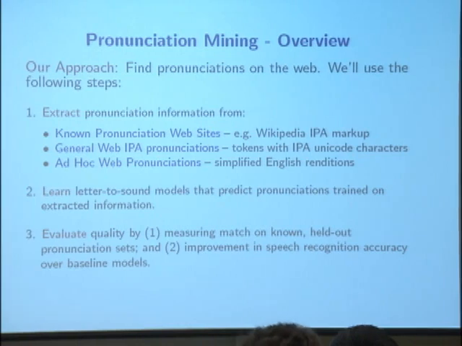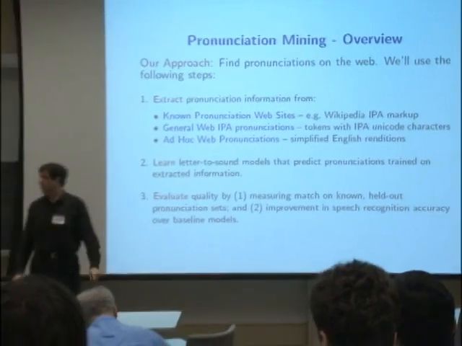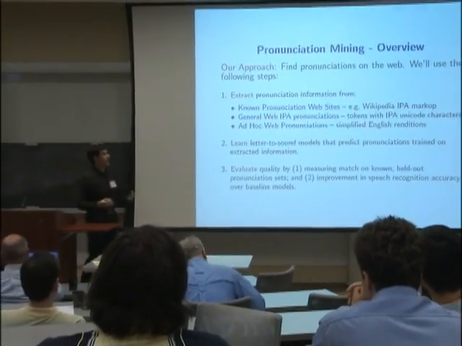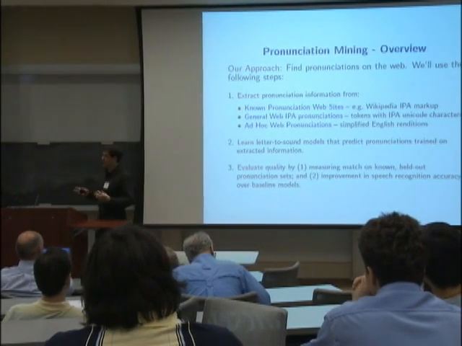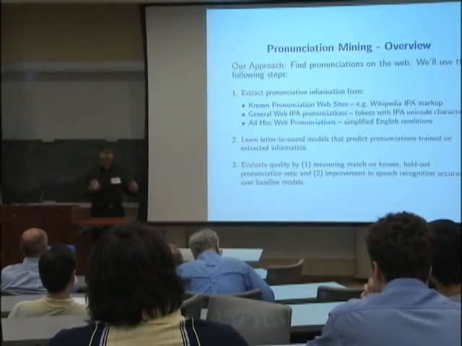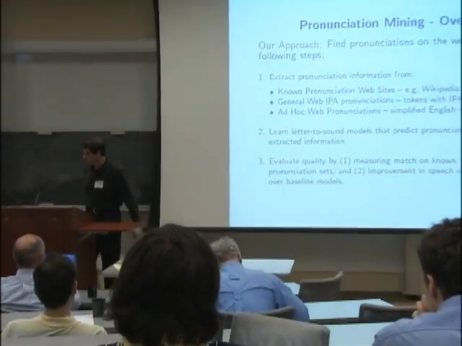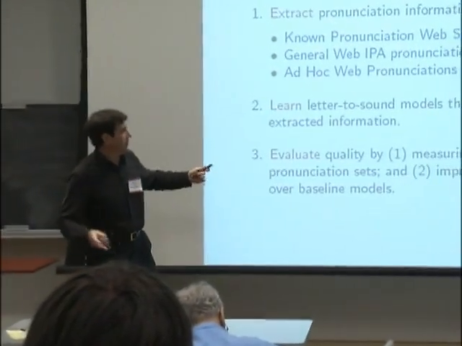The easiest are cases like Wikipedia, where people will actually use the International Phonetic Alphabet. It's coded in a fairly standard way and it's fairly clean. Of course, there's still no guarantee that the person actually knows IPA and knows how to use it correctly, but at least there is some kind of vetting of the entries, so you can be reasonably sure that it's mostly okay.